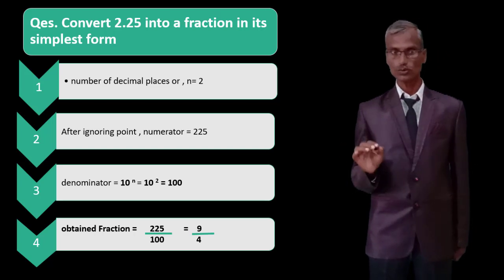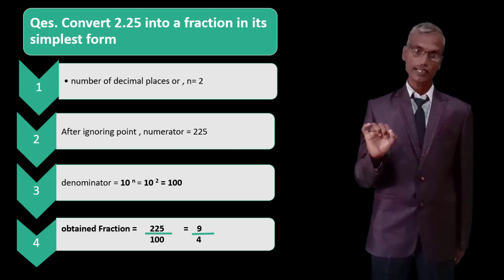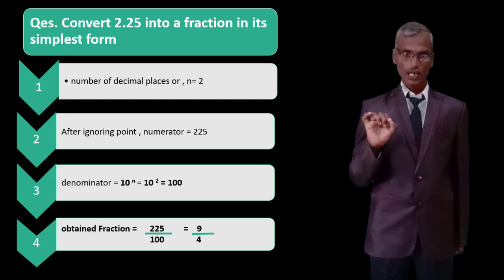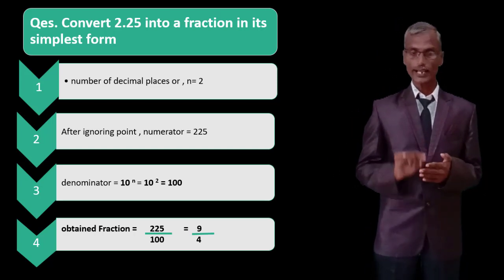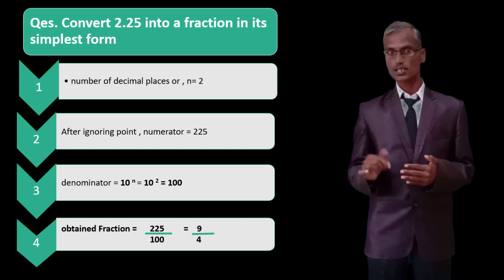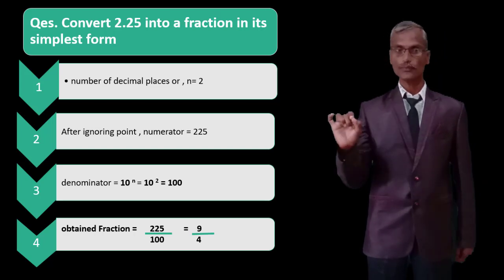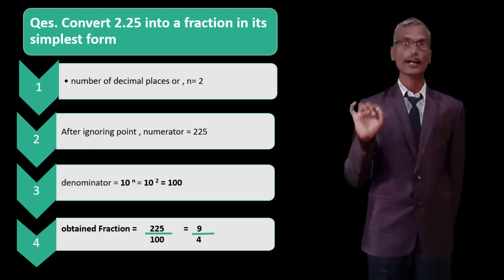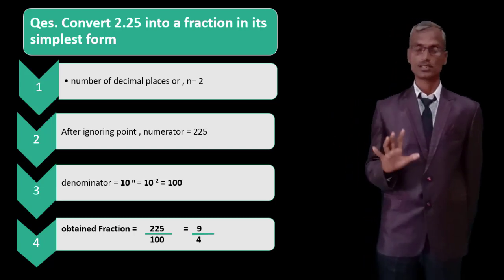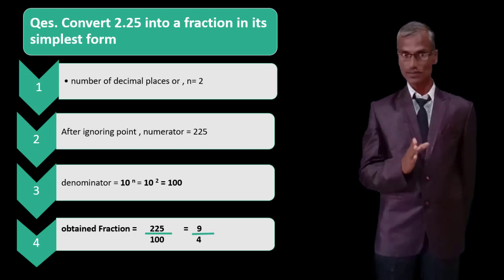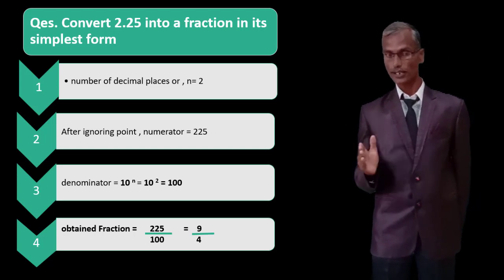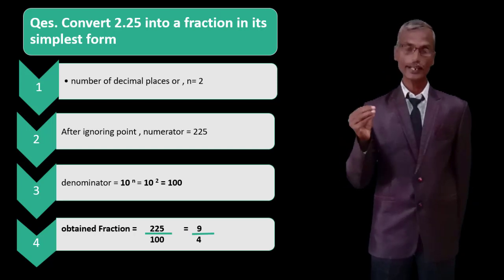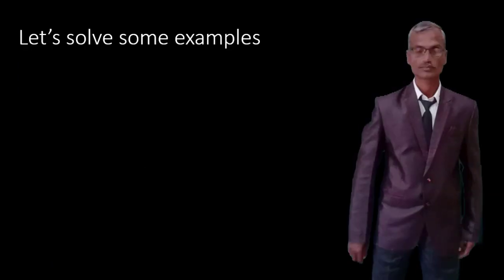Therefore, 25 times 9 is 225 and 25 times 4 is equal to 100. So 25 is cancelled by 25. It will be equal to 9 upon 4. Thus, the decimal 2.25 is equal to 9 upon 4 in fraction form.